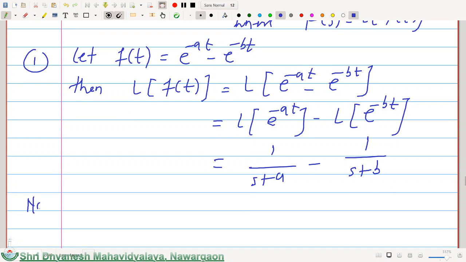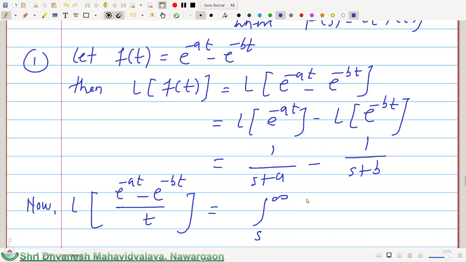Now we have to find the Laplace transformation of e to the power minus at minus e to the power minus bt upon t, whose Laplace transform will be integration from s to infinity of the Laplace transformation of this part f of t, which is 1 upon s plus a minus 1 upon s plus b.